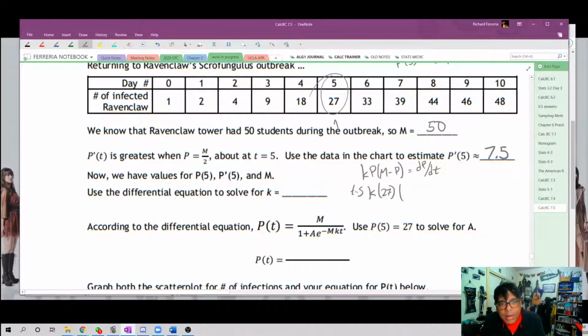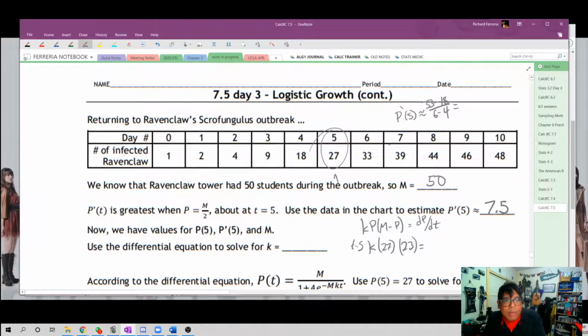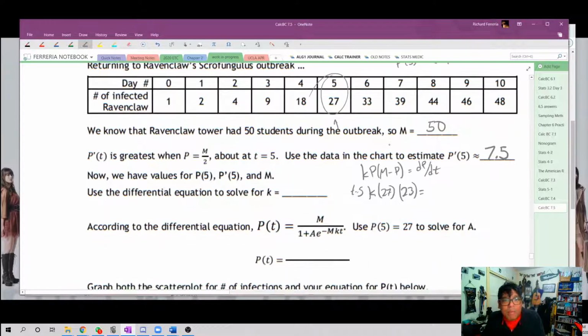We know that m is 50. 50 minus 27 is 23. And then that's equal to dp/dt. And dp/dt is, they gave it to me, right? It's about 7.5. So using all of that, we can go ahead and solve for k now. t equals 5, p equals 27. So let's solve.